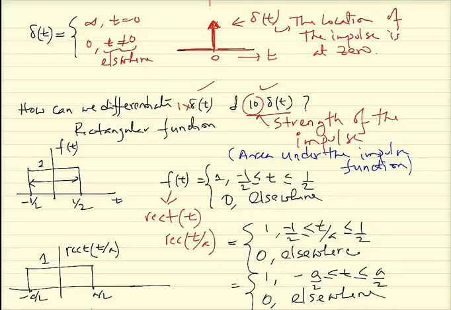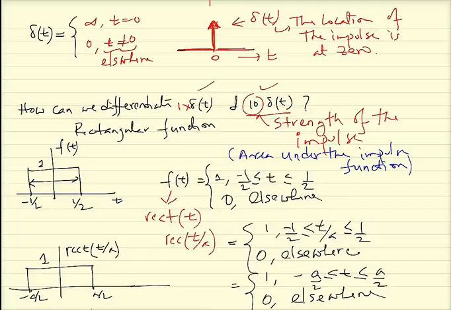To explain this concept, we will introduce another function, which is called the rectangular function. As I have drawn here, you have a rectangular function of width 1. So you have a function which is non-zero, with unit value from minus half to plus half.